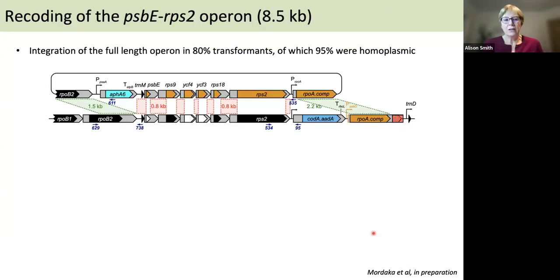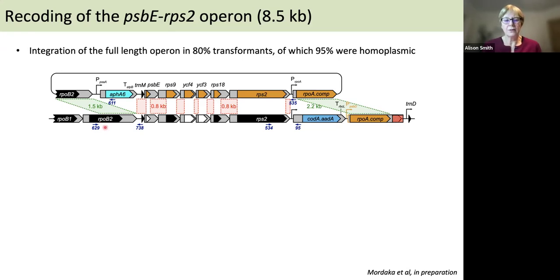The next thing he tried was to recode a large operon. So again, just to orientate you, this is looking at the chloroplast genome here, and the black genes show the ones that are essential for function.